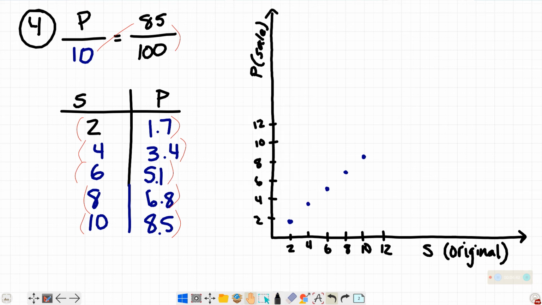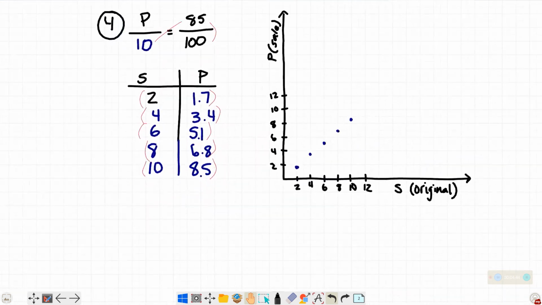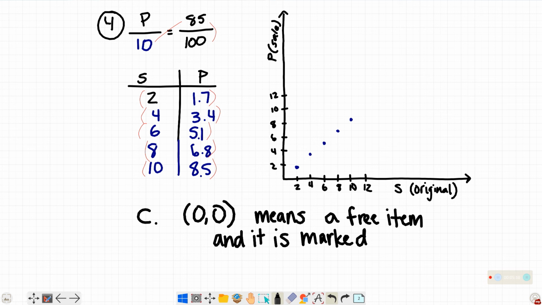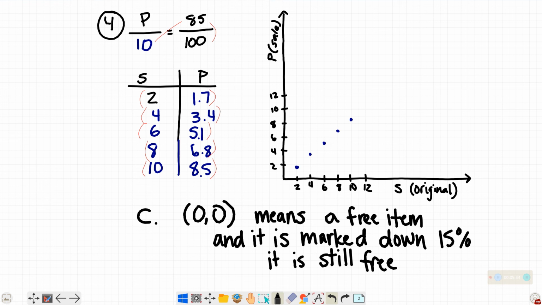So this would be part C. The point 0, 0 means that if you have a free item, and then you take 15% off of that, it's marked down 15%, it's still free. Okay, so that addresses the 0, 0.